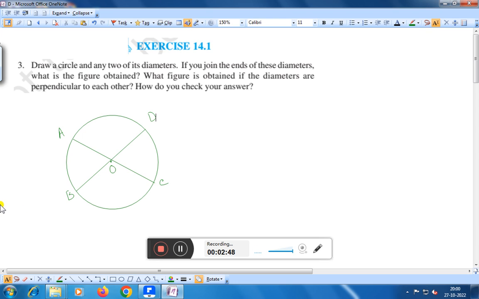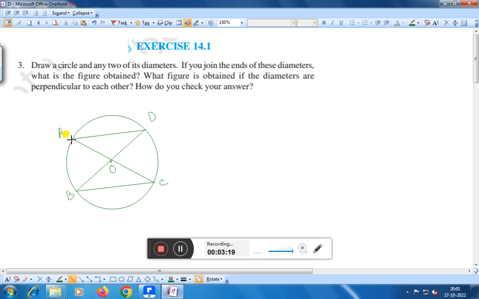Now if we join the ends, that means A, D, C and B. We are joining these points, right? Let us join these points. A is joining with point D, right? And B is joining with point C, right?